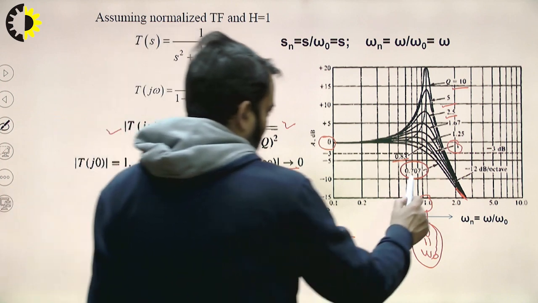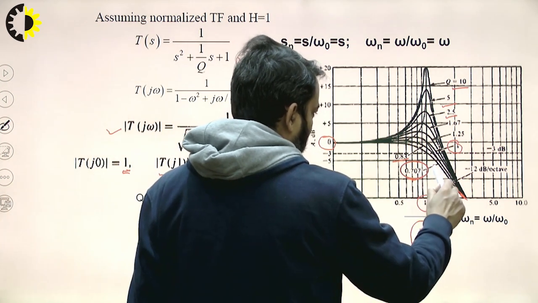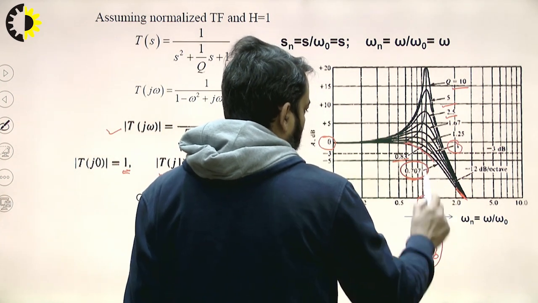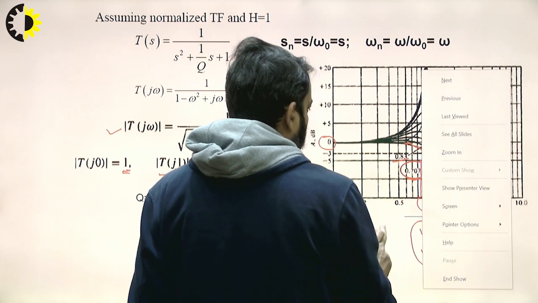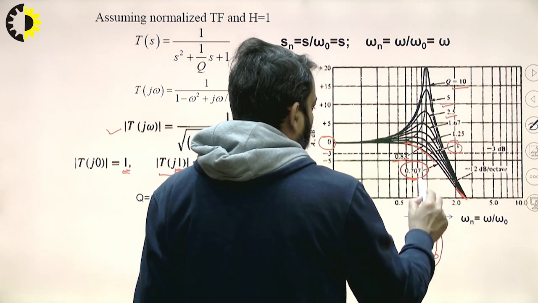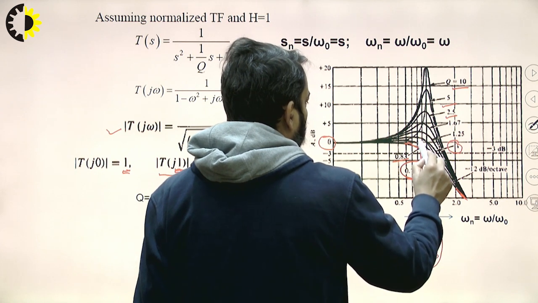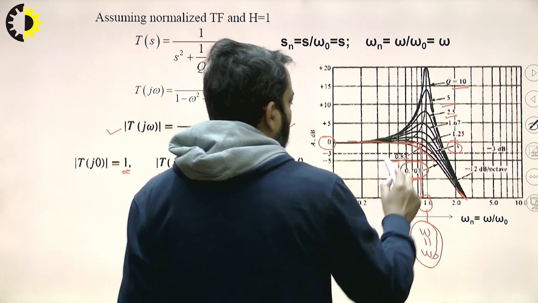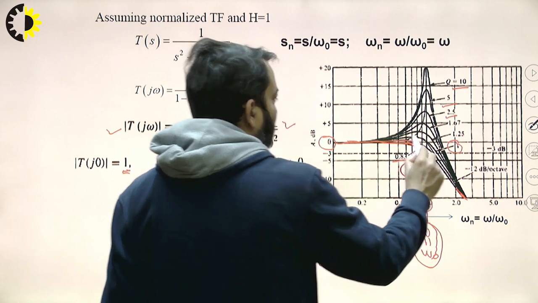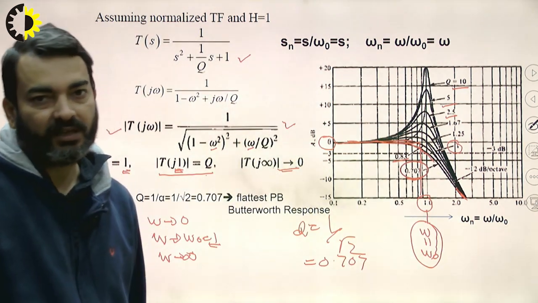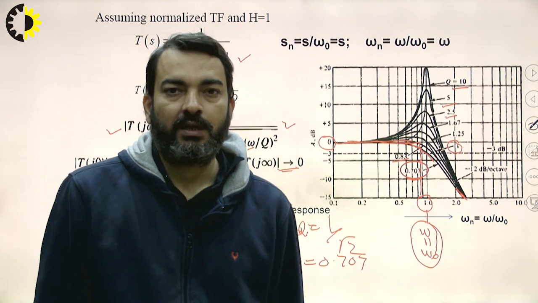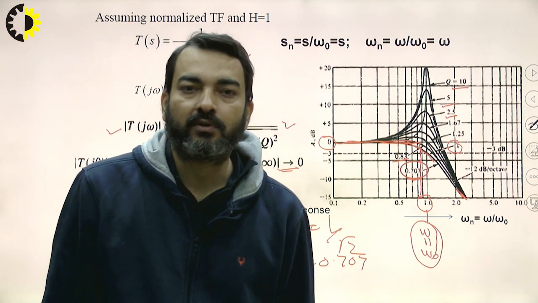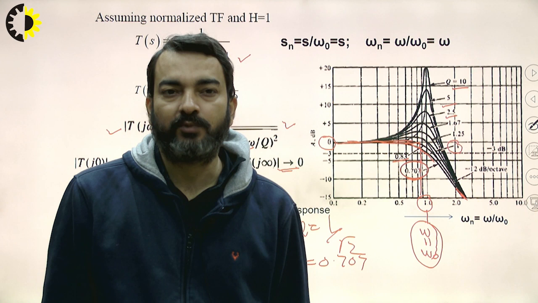This particular value is indicated in this circle, and this is the plot. And note that this is the pass band. So we will have minimum gain variation within the pass band for Q equal to 1 by root 2. And this particular condition is also called Butterworth response.